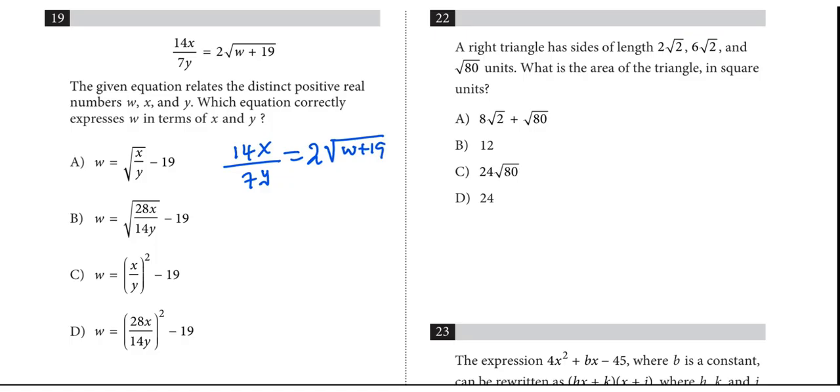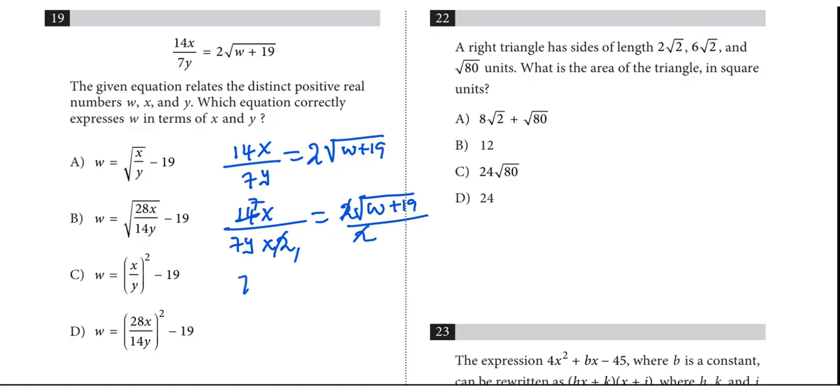So if you divide both sides by 2, then this would be 14x over 7y times 2 is equal to 2 root w plus 19 over 2. So 2 would cancel 2 from here. 2 into 2 is 1, and into 14 is 7.